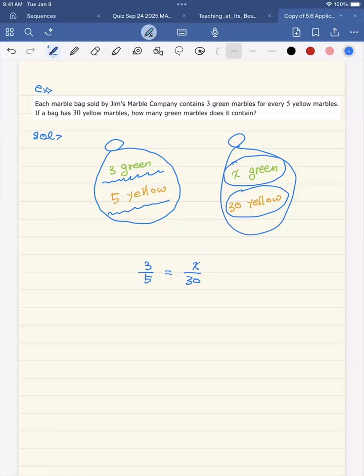What it says is that it's proportional. 3 corresponds to green marbles and 5 yellow marbles corresponds to what's in the denominator.